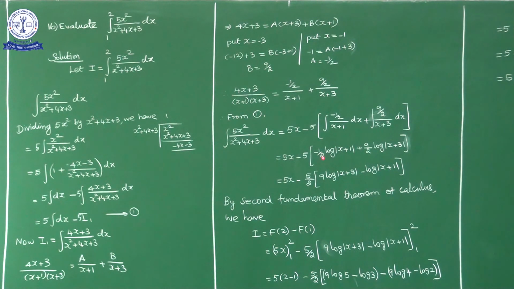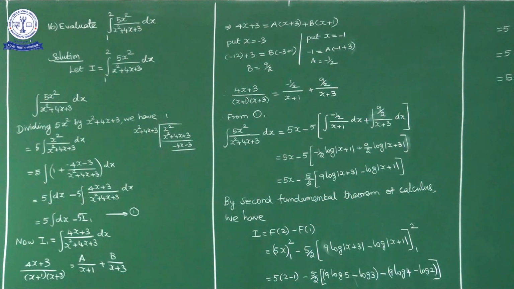Okay. So minus 1 by 2 outside, integral 1 upon x plus 1 is log mod x plus 1, plus 9 by 2 outside, integral 1 upon x plus 3 is log mod x plus 3. Now here 2 common in denominator, 2 I will write outside. So 5x minus 5 by 2 into 9 into log mod x plus 3 minus log mod x plus 1.